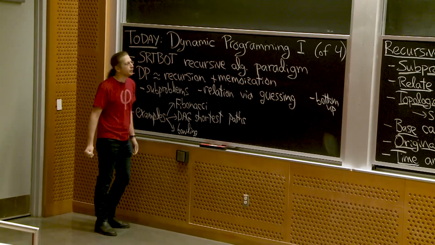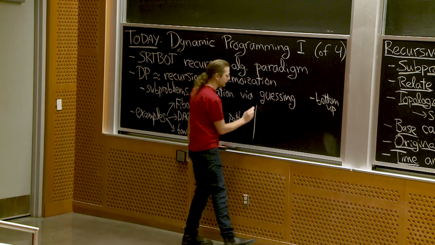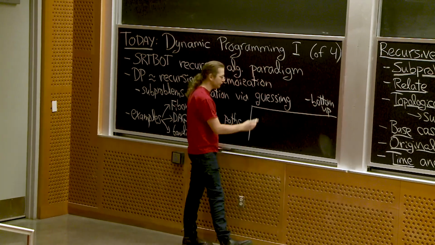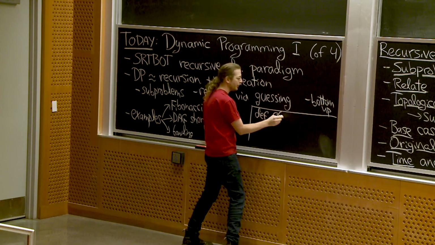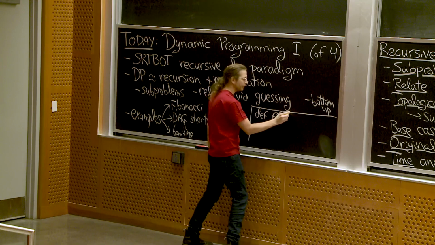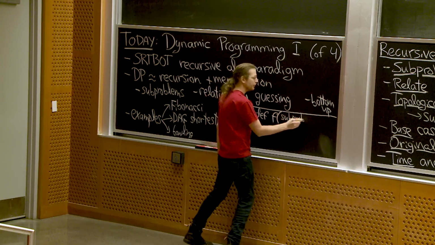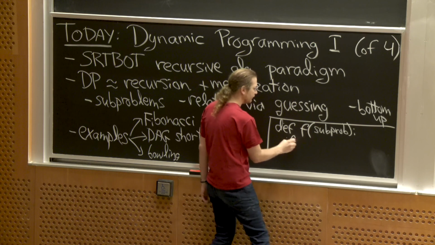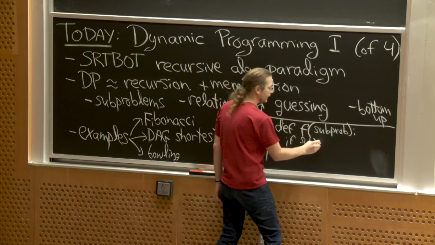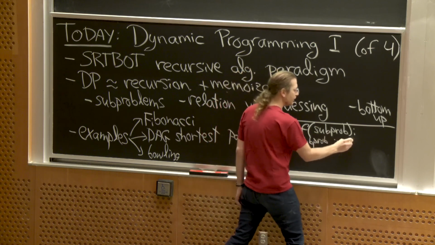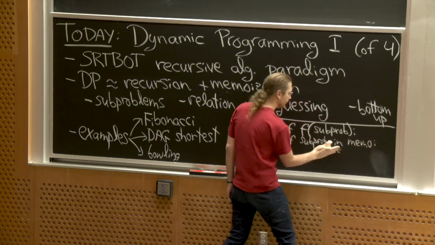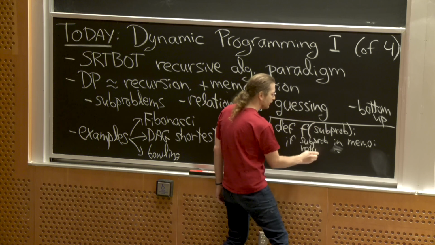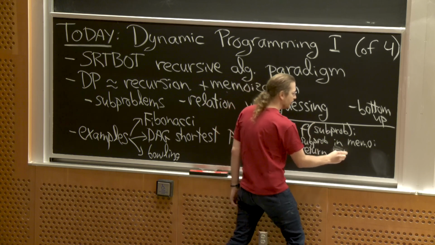I mean we write a recursive piece of code, which is like def f of some args, some subproblem specification. We check, is the subproblem in the memo table? If so, return memo of subproblem.